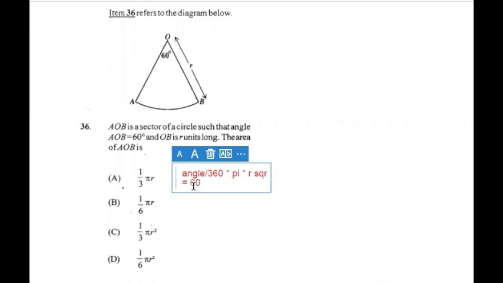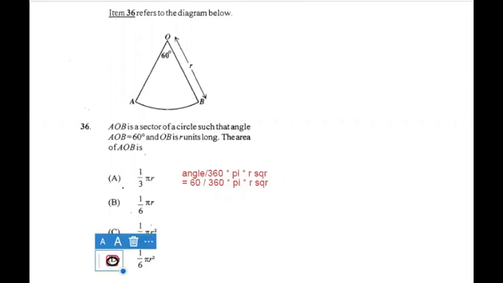So that would equal 60 divided by 360 multiplied by pi multiplied by r squared, and we simplify this fraction. So 60 into itself goes one time, and 60 into 360 goes 6 times, and that leaves us with 1 over 6 multiplied by pi multiplied by r squared, and that leaves us with D.